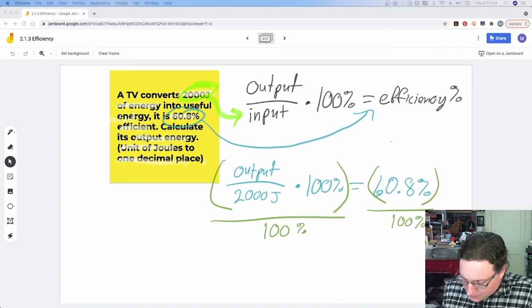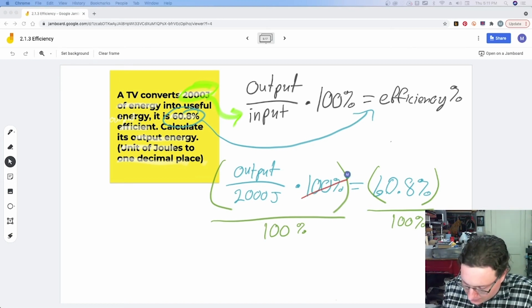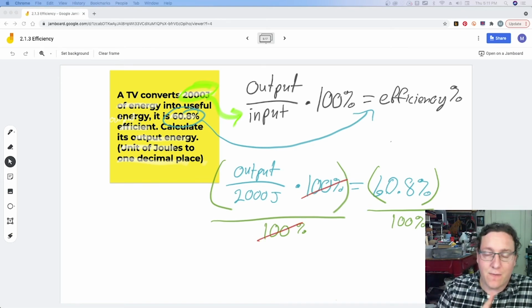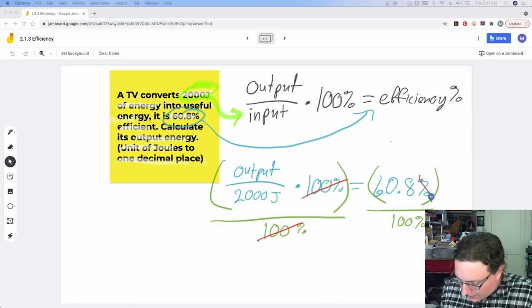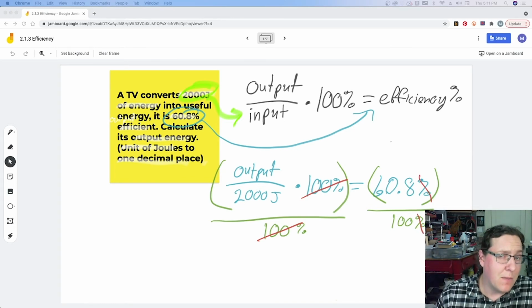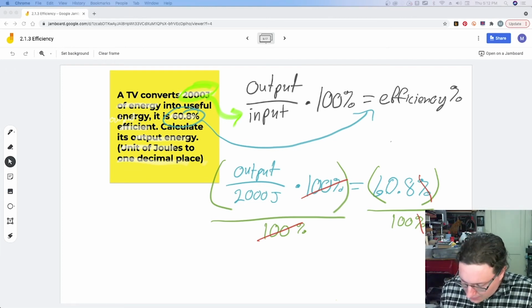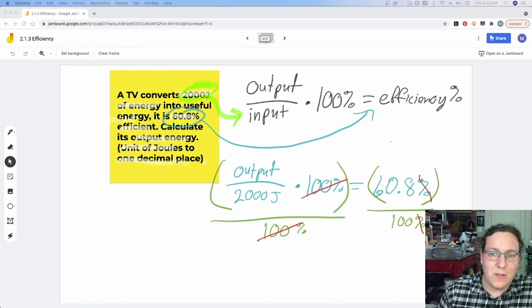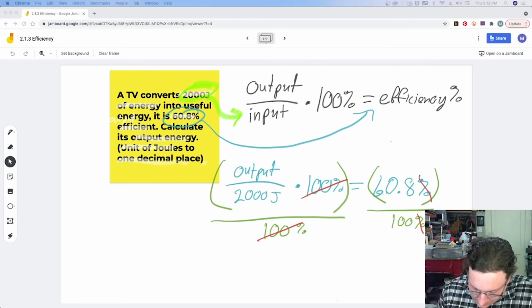And what happens is that on the left-hand side, the 100% cancels out entirely, the value and the number. And on the right-hand side, the percents cancel out. And because we know that with dividing by multiples of 10, we can just move the decimal around. And in this case, we'd move the decimal place over 2 spots.